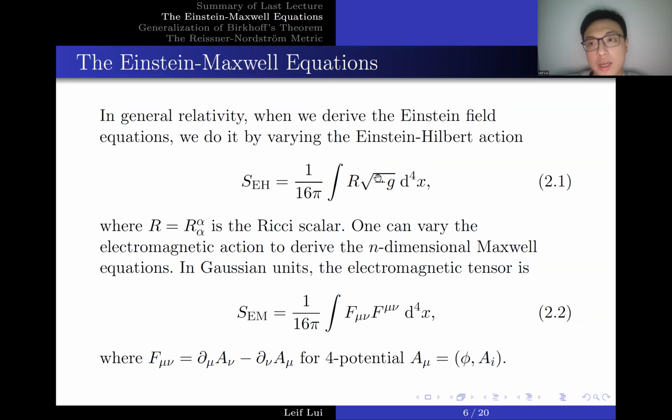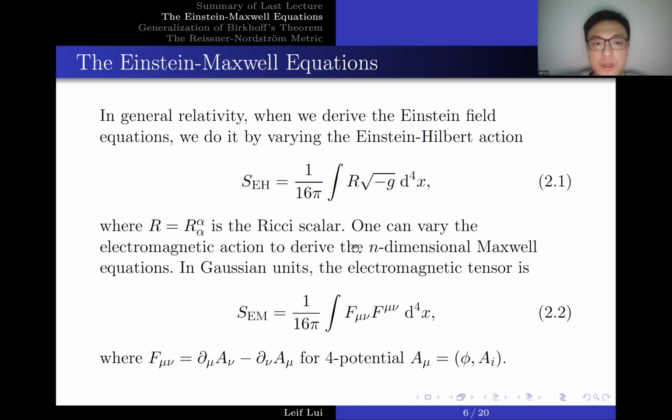This is similar to when we calculate areas and volumes in differential geometry, where we take the square root of the first fundamental form. But since we consider space-time, we need to take the metric. And moreover, we have to integrate over 4 dimensions, namely the time dimension and then the 3 spatial dimensions.